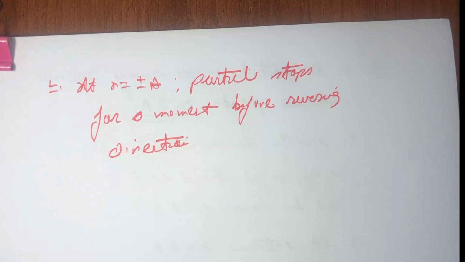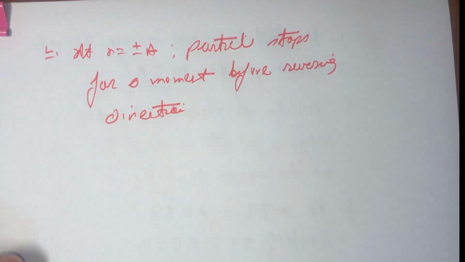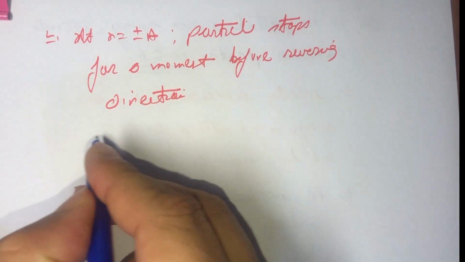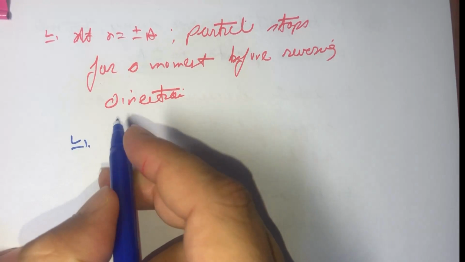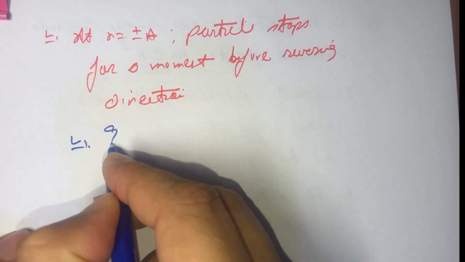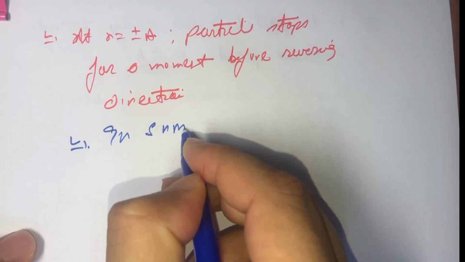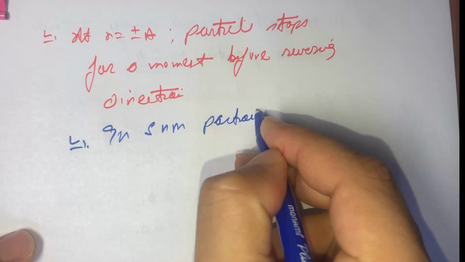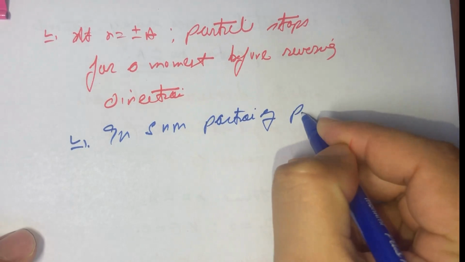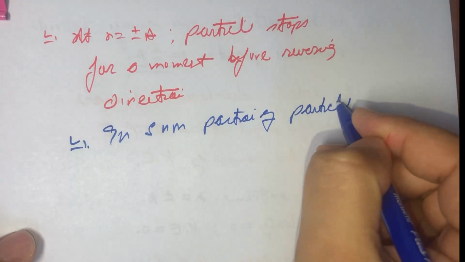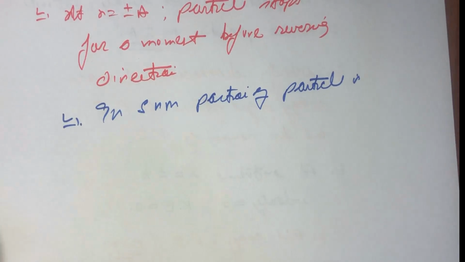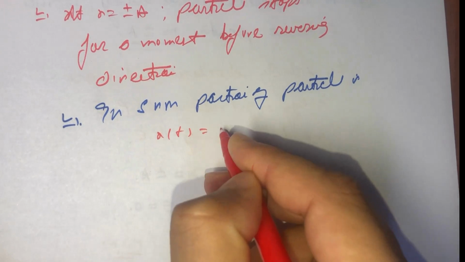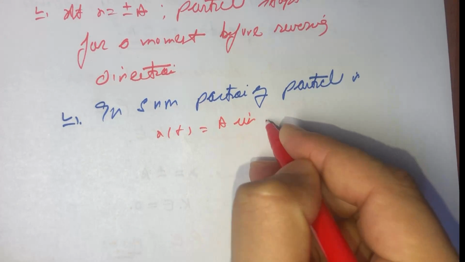And in SHM, we already know the equation for the displacement, that is x. In SHM, the position of the particle is given as x of t is equal to a sine omega t.